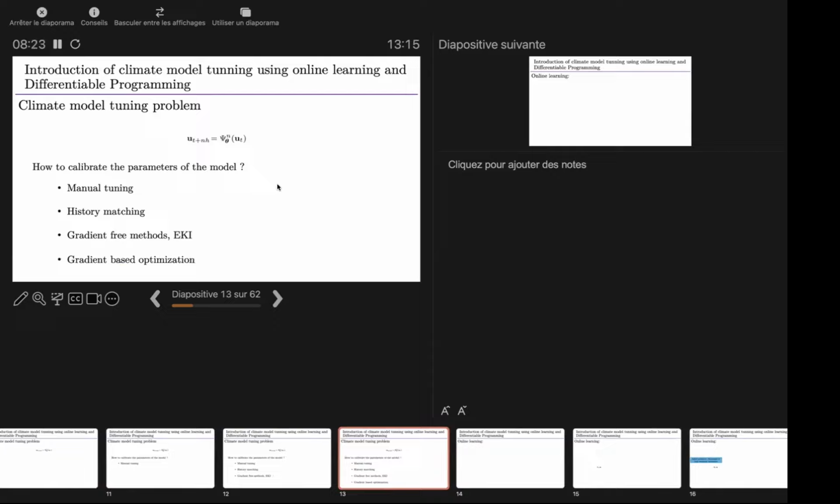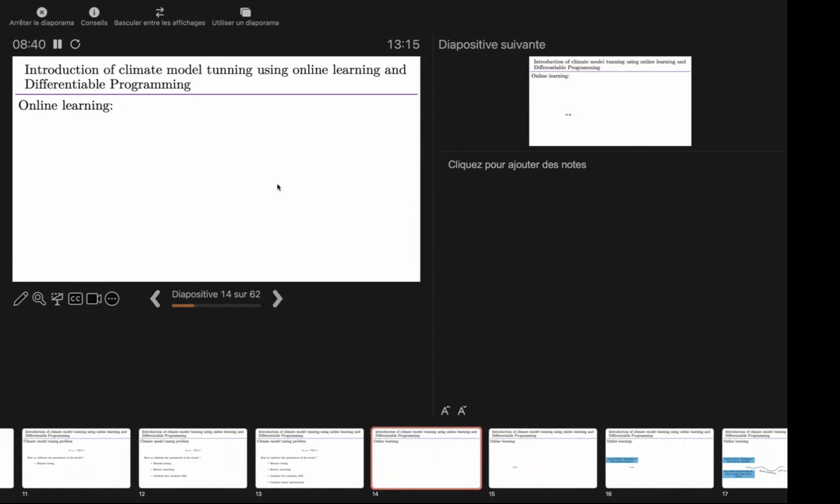They can also be used to tune free parameters of physical parameterizations, so they can provide a kind of unification in tuning both physical and learning-based parameterizations of climate models. So we want to do gradient-based optimization.